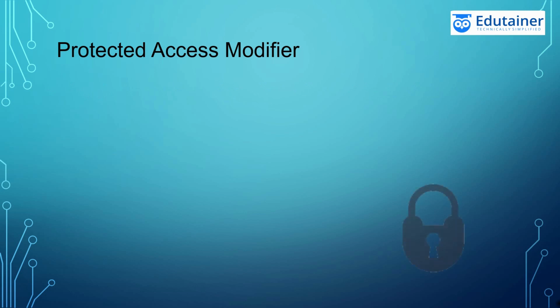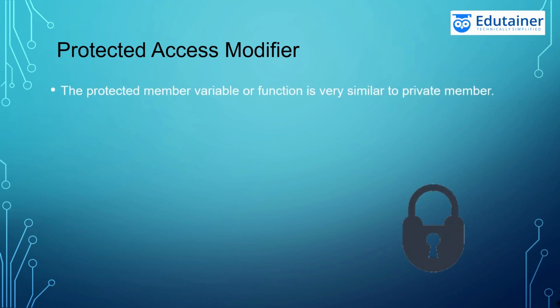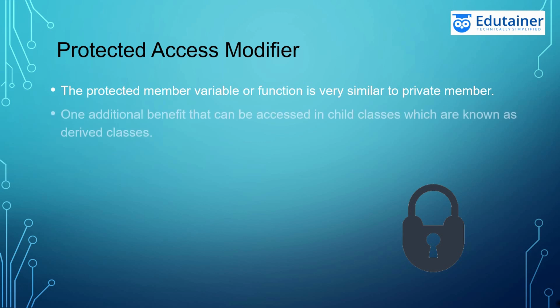Protected access modifier. The protected member variable or function is very similar to a private member. Like I have just told you, according to the diagram that I showed you in the starting, the protected was in between the public and the private. So it is very similar to the private member.